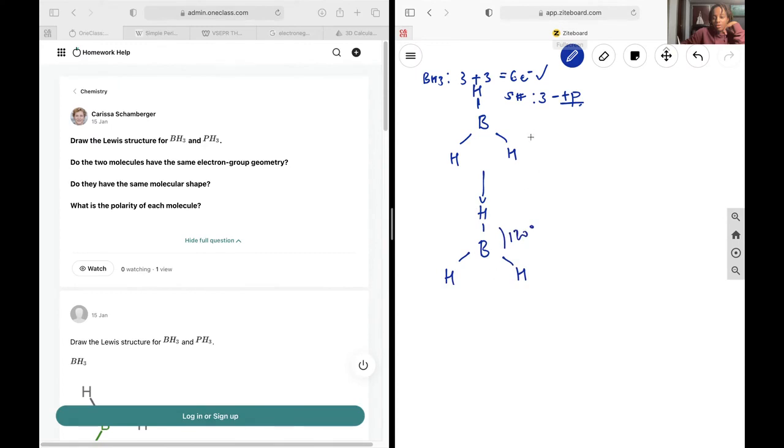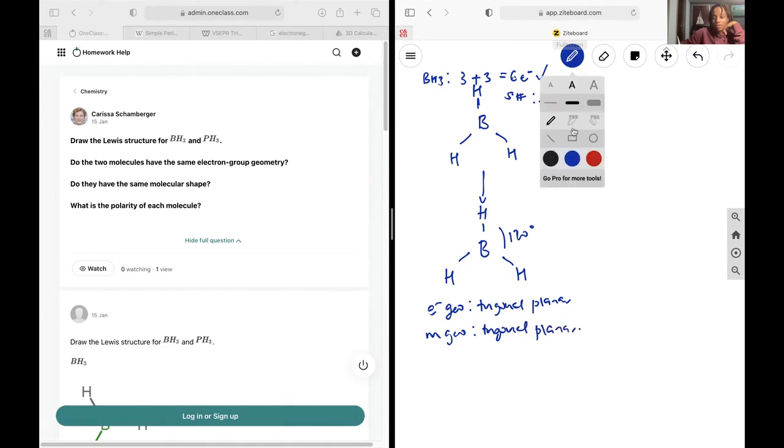And so my electron geometry will be trigonal planar, so the way the electrons are arranged around it and the way my actual groups are arranged around it. So the BH3 molecule itself will also be trigonal planar. Let's check its polarity.